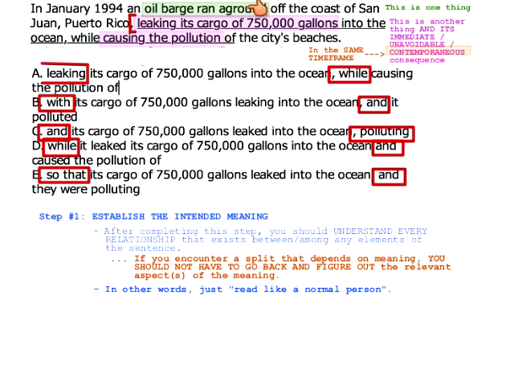So the oil barge ran aground and its cargo leaked into the ocean. We can do that because those are separate. Of course, those are not completely unrelated to each other, but ultimately they are two different things. Leaking doesn't work there because running aground, leaking is not contemporaneous and unavoidable.